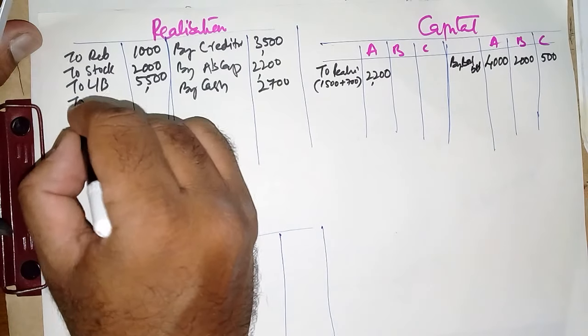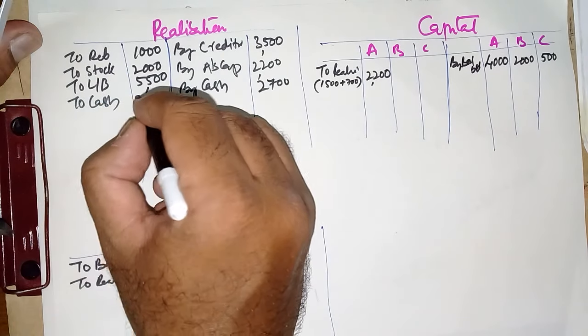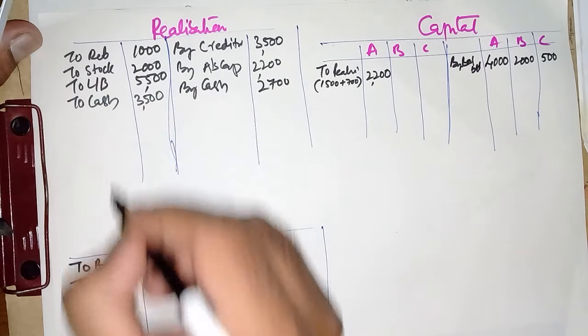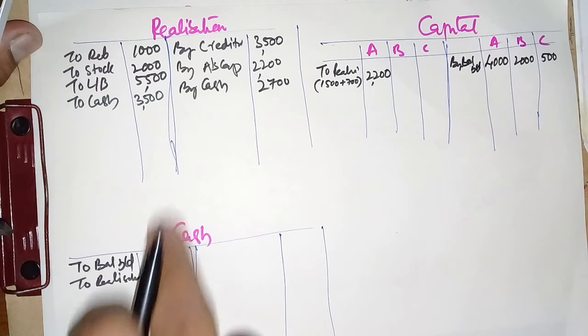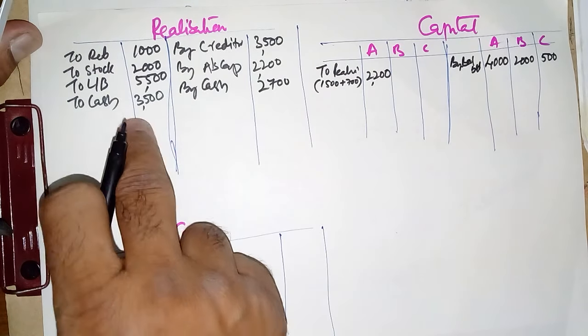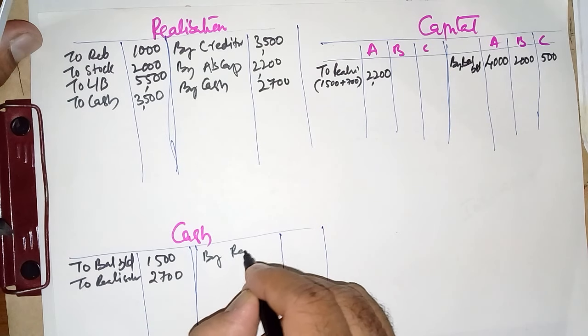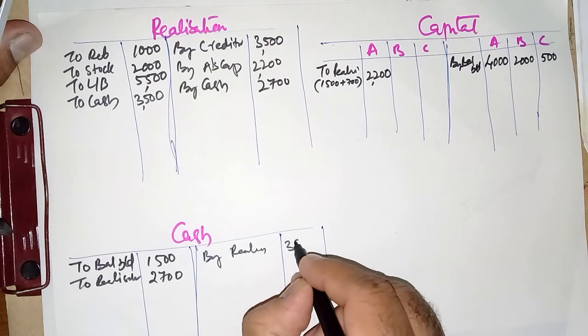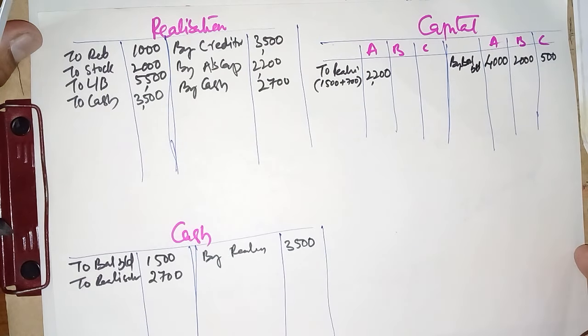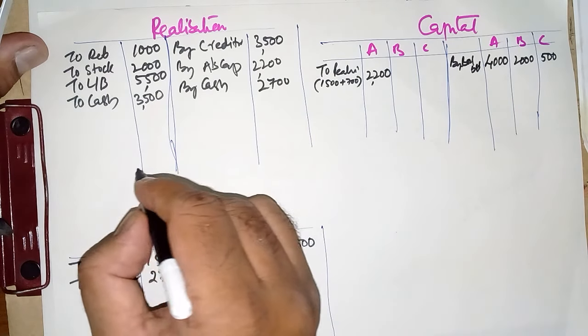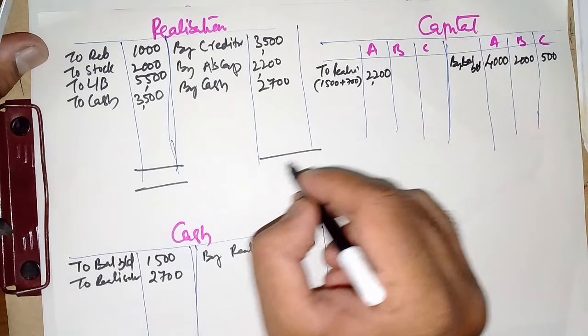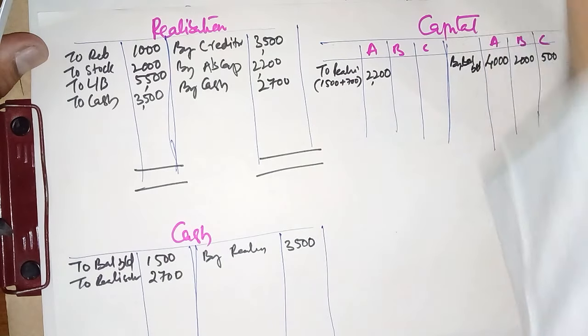In realization we write to cash 3,500. See, this payment we are making, though it is not stated in the question, we still need to make the payment. Bear in mind, by realization 3,500. Once everything is done, close the realization account and find out the profit or loss on realization.